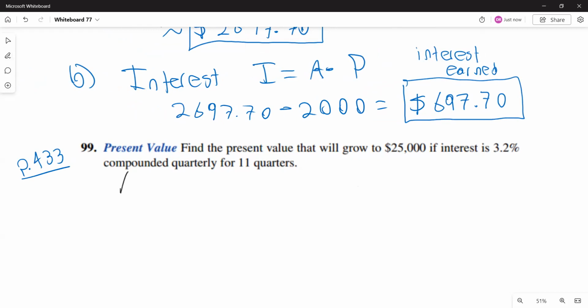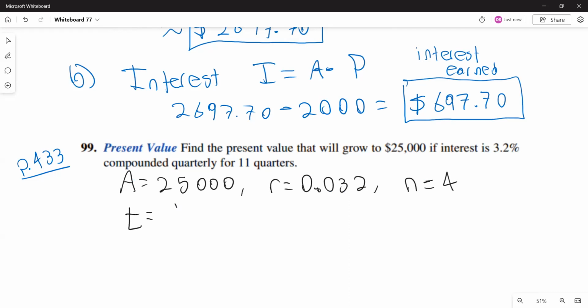So we don't know P. We know that the amount will be $25,000. We know the interest rate, 3.2% or 0.032. We know that it's compounded quarterly, and for 11 quarters, so that's going to be T. There are 4 quarters in a year, so that's going to be 11 over 4, or if you want, that's the same as 2.75.